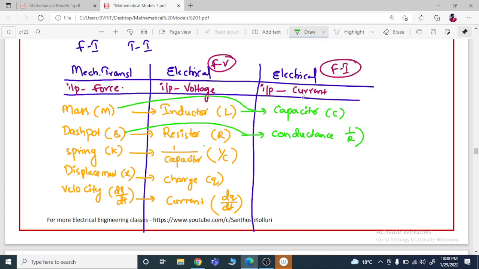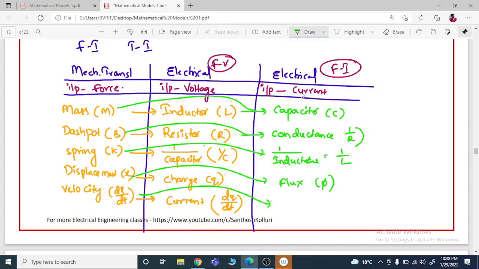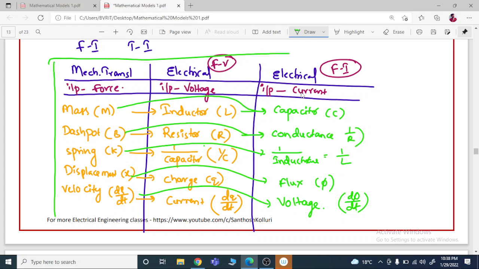And spring can be represented with reciprocal of inductance, 1 by L. Displacement can be represented with flux phi. So velocity can be represented with d phi by dt, that means it is nothing but voltage. So these are the analogous terms for mechanical translational system with respect to force voltage and force current method.